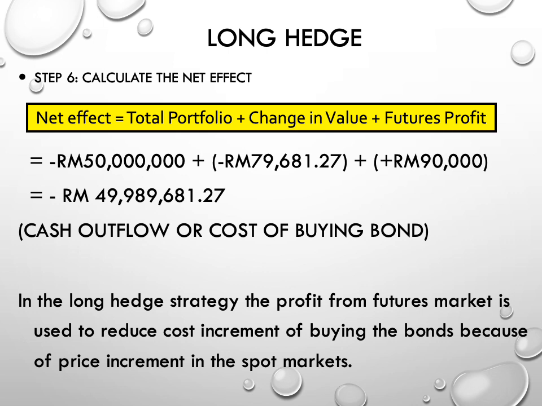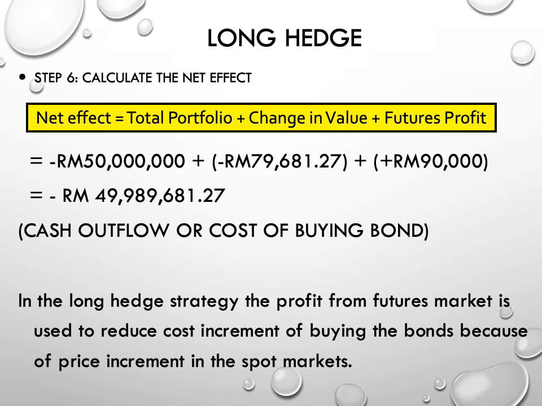So from this example, the investor in long hedge used futures profit to reduce his increase in cost of buying bond. If the company buys bond without hedging, the company needs to pay 50 million and 79,000.